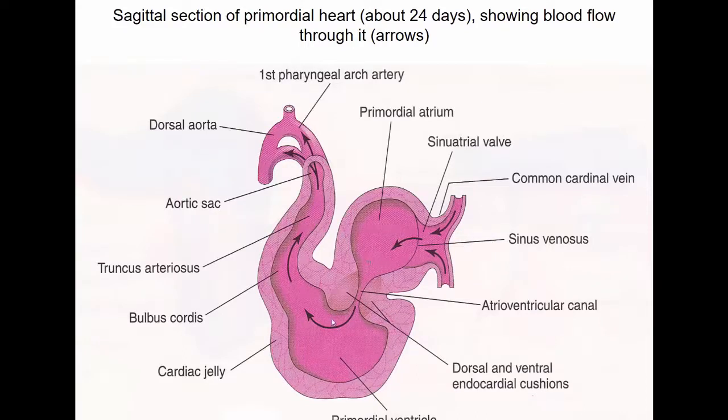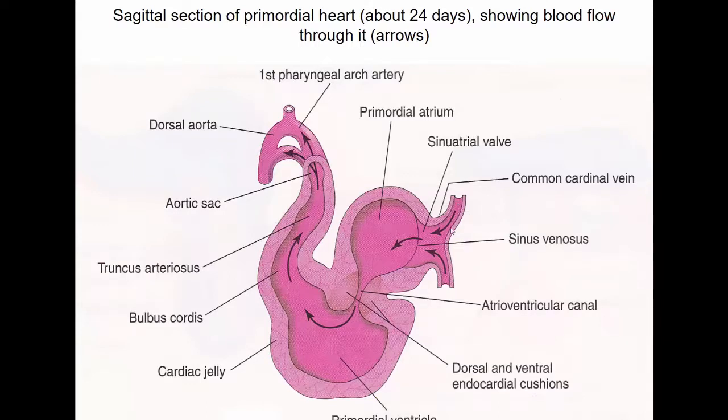Now this blood is coming to the primordial ventricle, then through the conus cordis to the truncus arteriosus, and then to the aortic sac, and then the aortic arches. So this is how blood supply occurs in the third or fourth week.